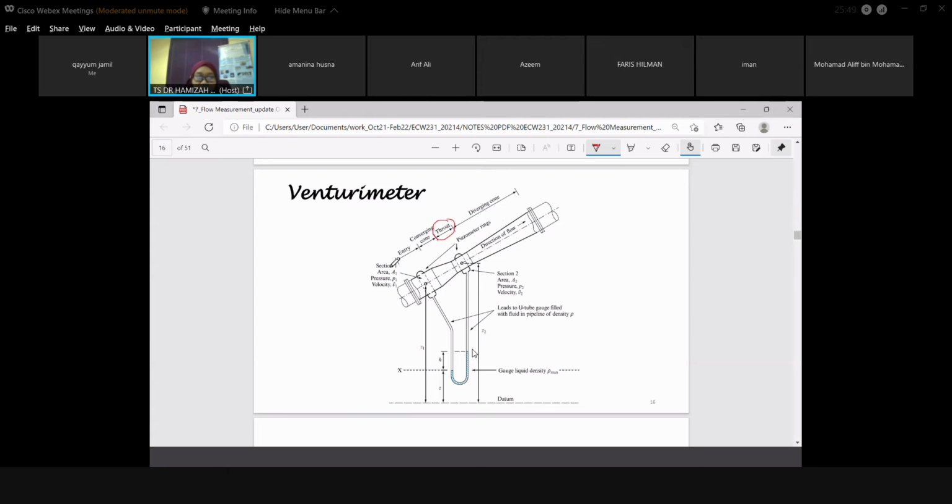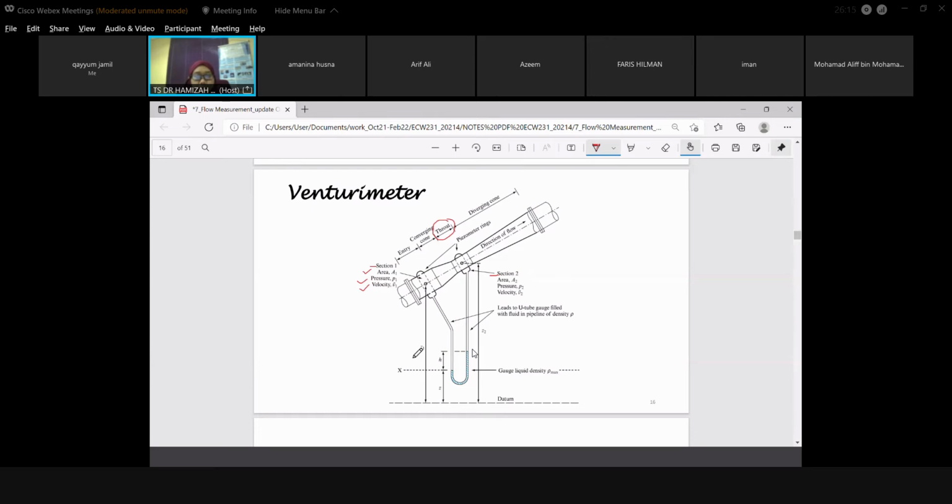For each point, we call it a section. It has a different area because of the diameter. Of course, it has a different pressure and also a different velocity. It has its own parameters.